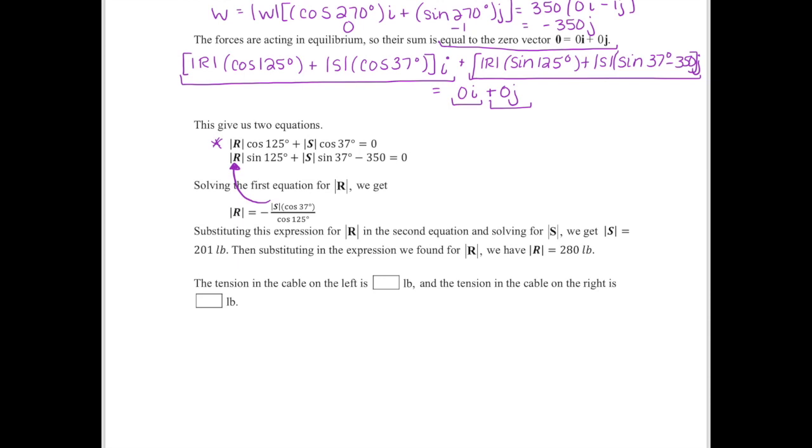If we then solve for the magnitude of S, then substituting it in, we'll have the negative magnitude of S cosine of 37 degrees over cosine of 125 degrees times the sine of 125 degrees plus this next piece, this now equals 0.